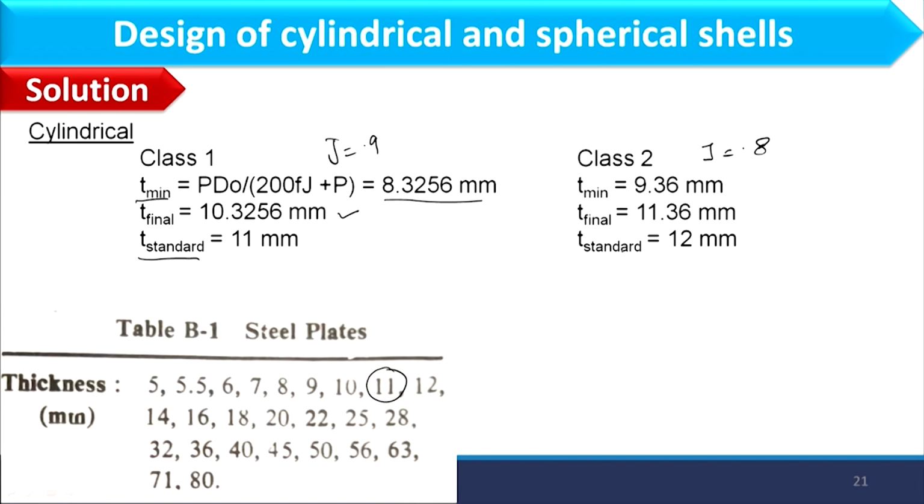Similarly for class 2 I can find standard thickness as 12 mm. In this way we can calculate the thickness of cylindrical as well as spherical vessel. Minimum thickness, thickness with corrosion allowance and standard thickness, these three thicknesses we need to find for any system.